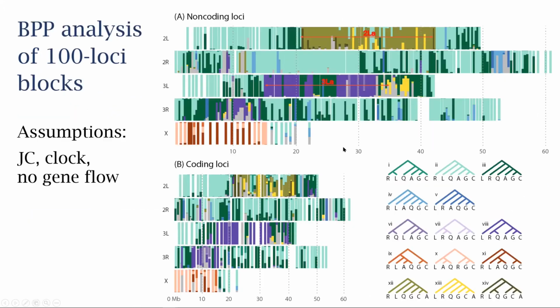Our analysis here is using BPP running across the blocks of 100 loci. Each bar represents one block of 100 loci. So these colors represent different species trees in a way. So the X chromosome has very different trees from autosomes.